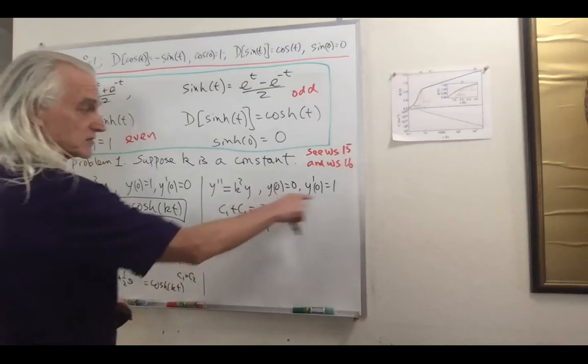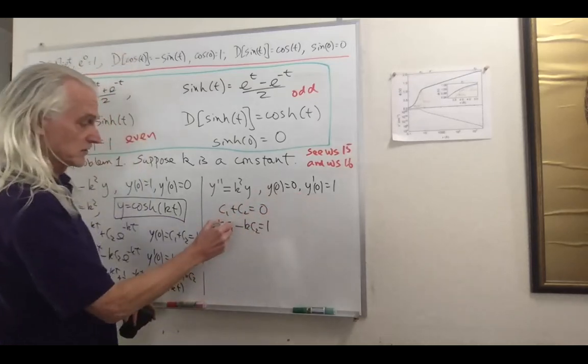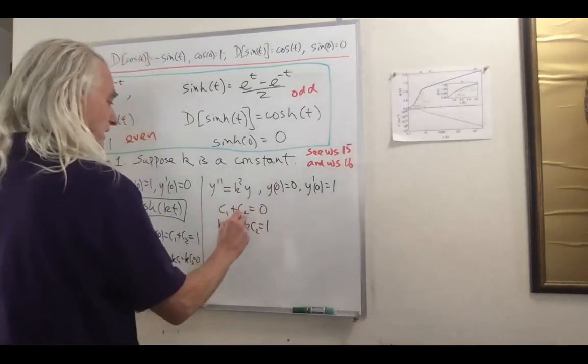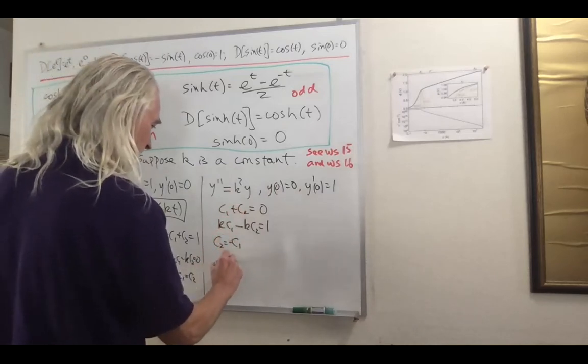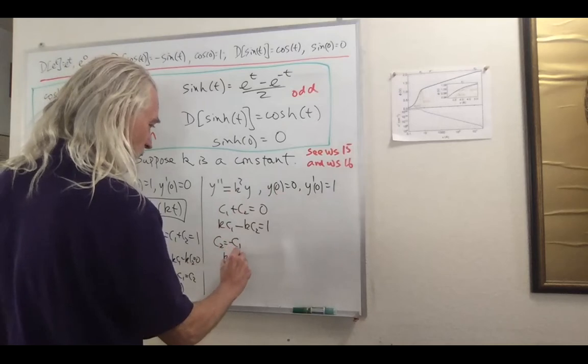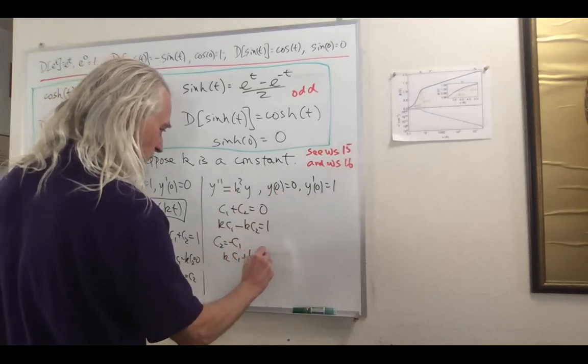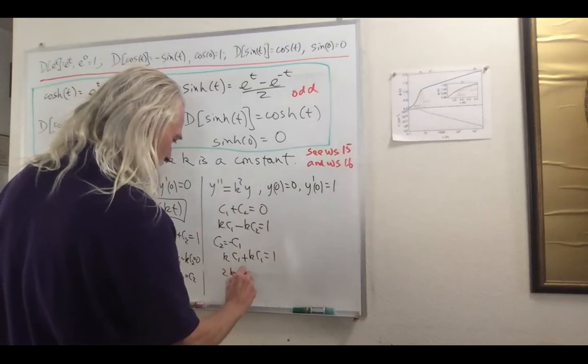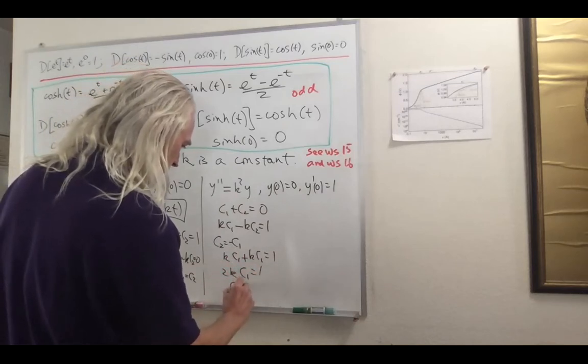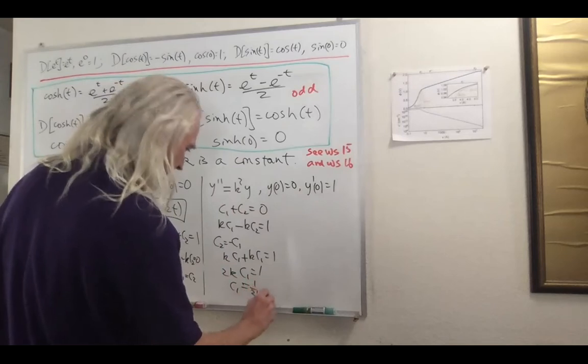Those are the two equations in two unknowns, c1 and c2. Then I get that c2 is negative c1. That means k times c1 plus k times c1 is 1. In other words, 2k times c1 is 1, so c1 is 1 over 2k.